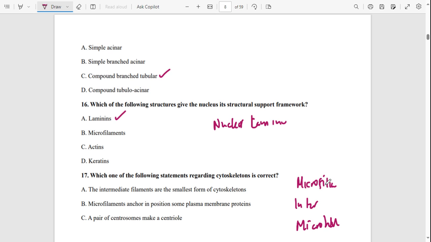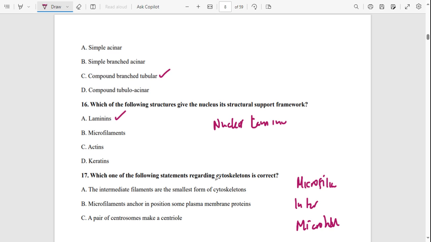So when you look at this, the microfilaments, also known as actin filaments, are about 7 nanometers in diameter, and they are made up of actin protein. Intermediate filaments are about 10 nanometers. They are made up of different proteins. Microtubules are about 25 nanometers in diameter, and they are made up of the protein tubulin.